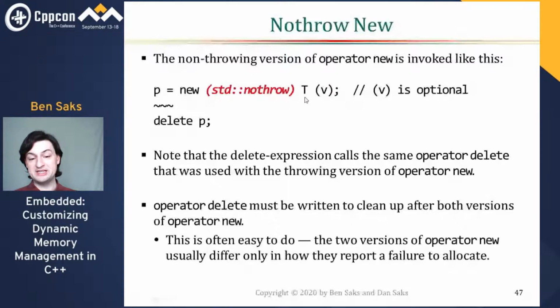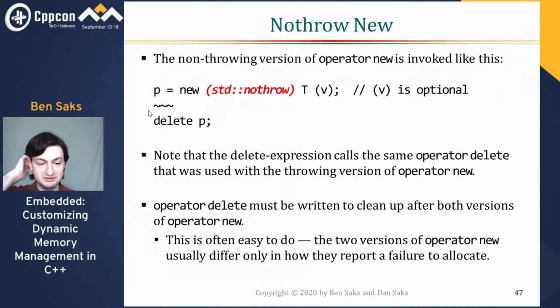Then create a T object in the memory that we allocate and construct it by calling the constructor that takes a v, the T constructor that accepts an object of whatever type v is. And then you just use that memory as you would, and then delete the pointer when you're done with it.